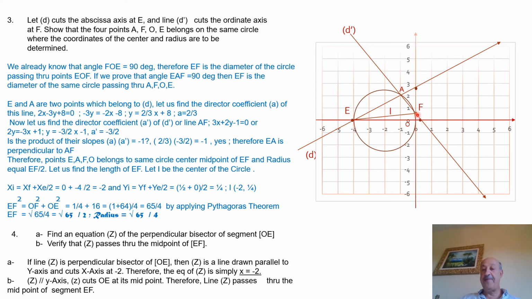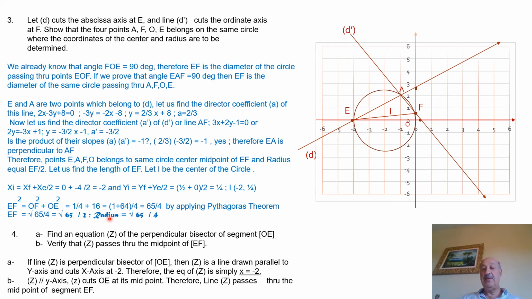The Pythagorean theorem says EF squared equals OF squared plus OE squared. Now what is OF squared? OF is 1 over 2, so OF squared is 1 over 4. Same way, OE is minus 4, so OE squared is 16, since minus 4 times minus 4 is plus 16. So we get that EF is the square root of 65 over 4, or radical 65 over 2.